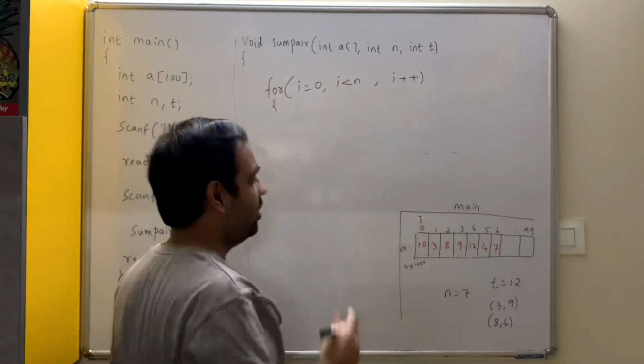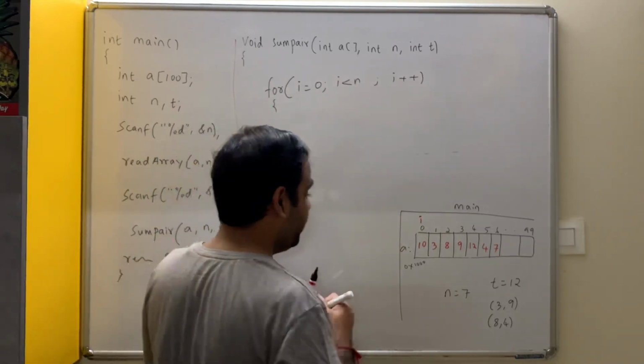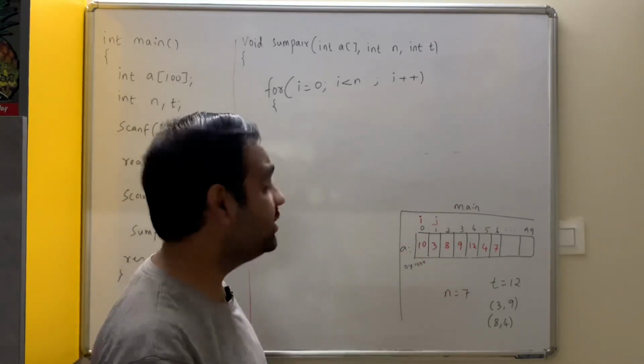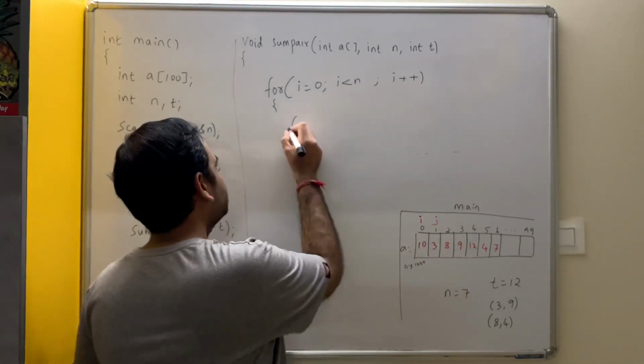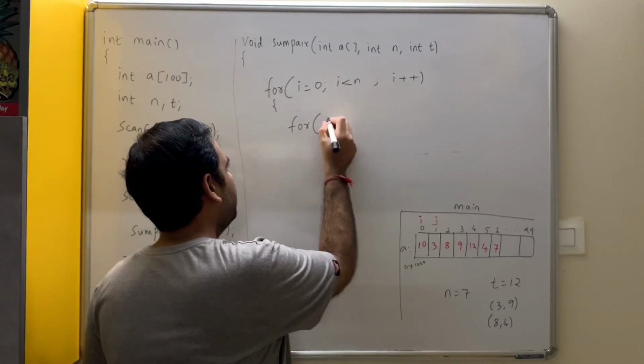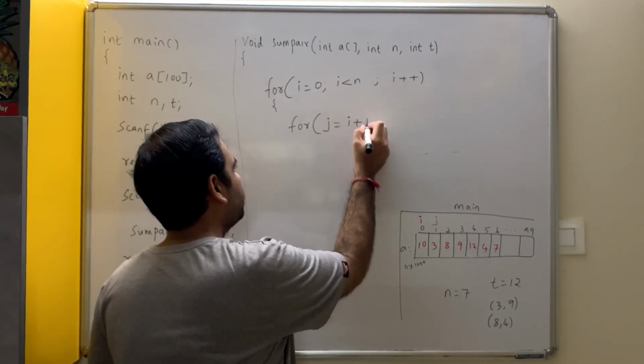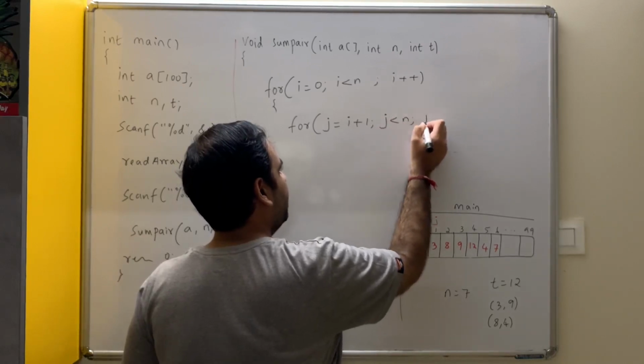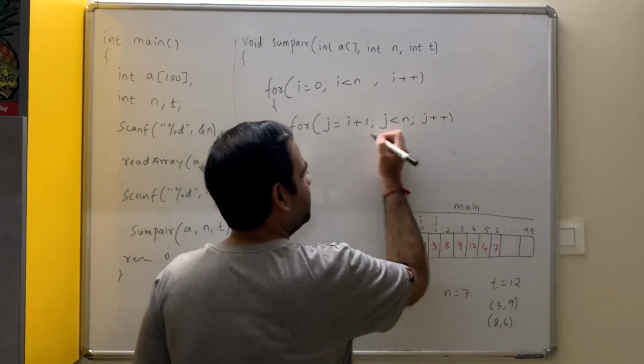Now, what do I need to do? I need to search on the RHS of i. Therefore, how do you search on the RHS of i? We say for j equal to i plus 1, till the end I need to search, j less than n, j plus plus.